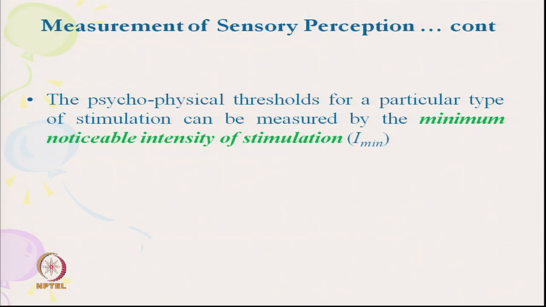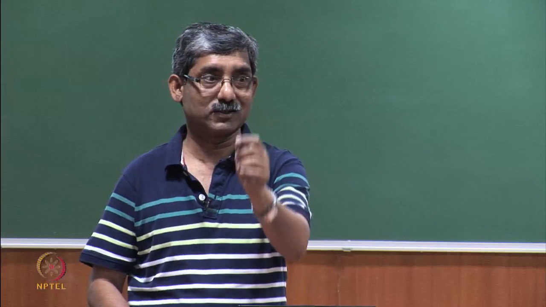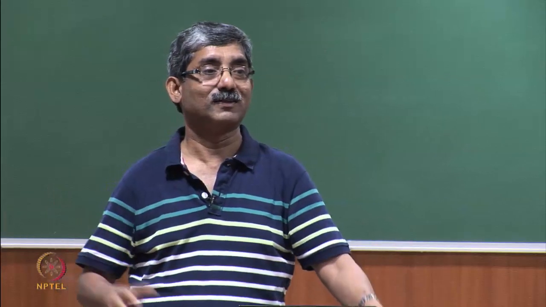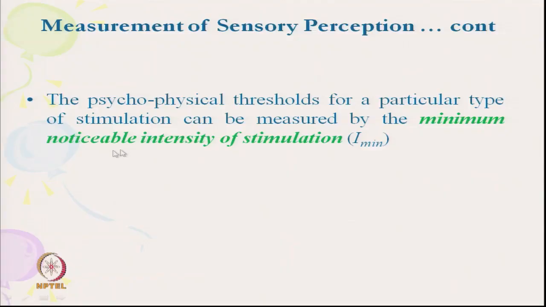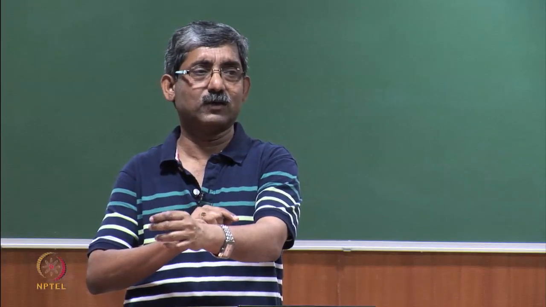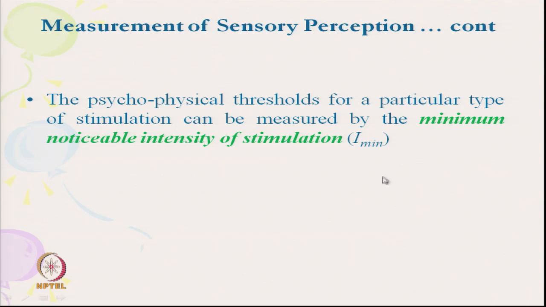The psychophysical thresholds for a particular type of stimulation can be measured by the minimum noticeable intensity of the stimulus, which we have discussed in psychophysics, okay. Here it is not only the intensity of the stimulus, but also the range of that stimulus. The minimum noticeable intensity, suppose it is touch, is the point where we can just start sensing, which is called intensity I minimum, okay.